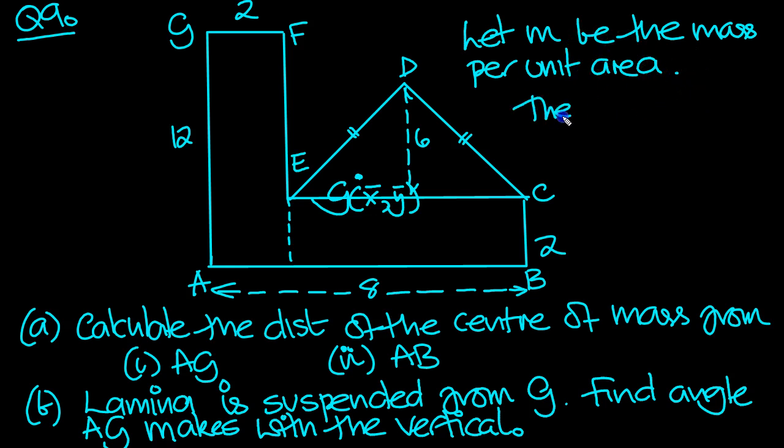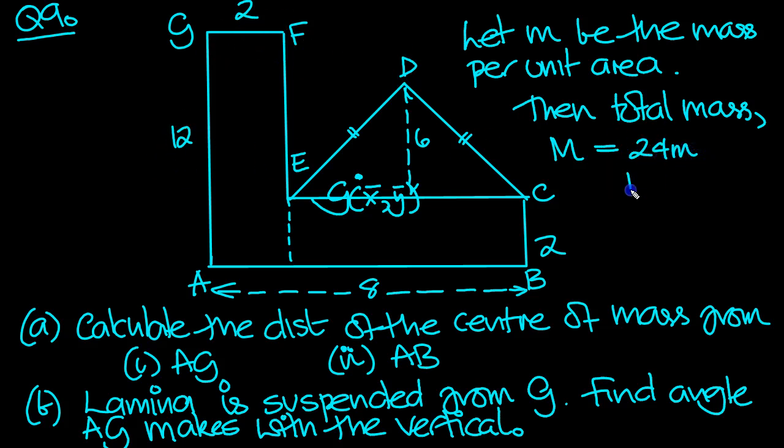Then total mass capital M is equal to, M per unit area, so we've got 2 by 12 is 24, plus, that was this area here.